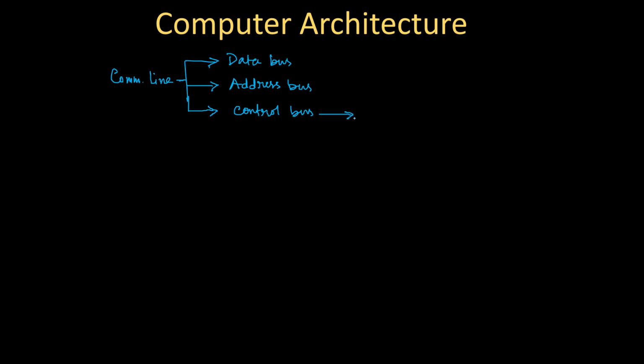It can be chip select, it can be read, or write bar, or something like addition is a control signal, subtraction is another control signal, and in this way you may have n number of control signals in a system, depending upon what that particular system does.